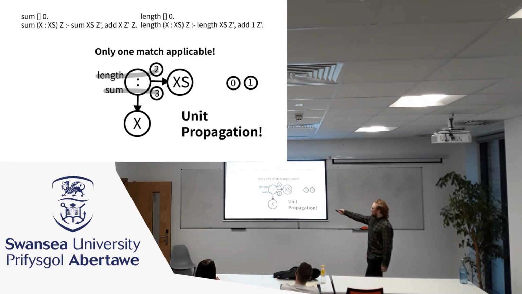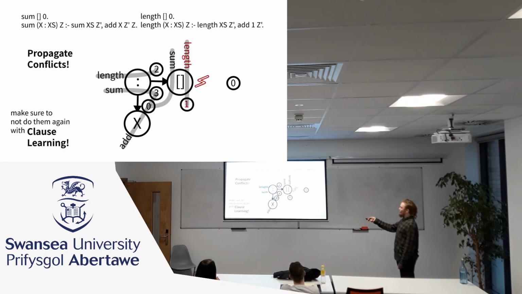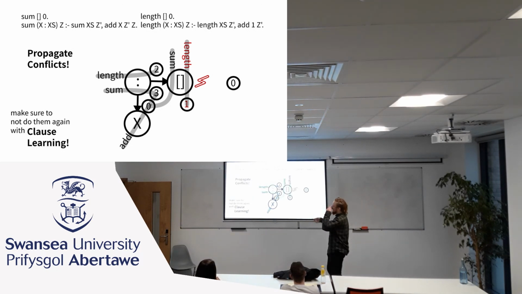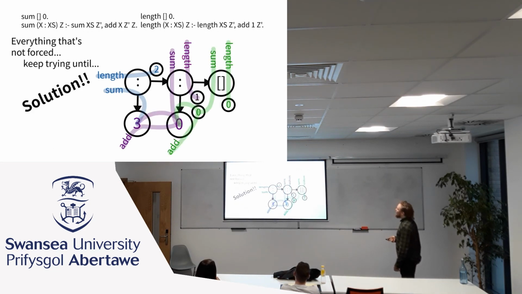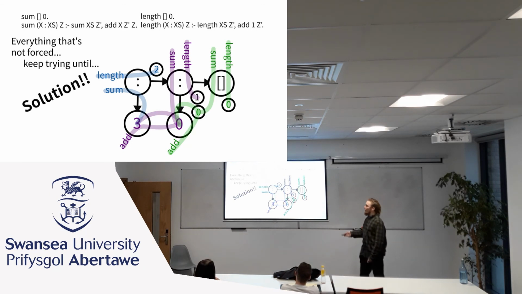We had an algorithm that says, first of all, we have the unit propagation, so if there's only one value to put in here, we actually put it there. When we have conflicts, we add clauses that prevent this conflict from happening again, and do the unit propagation again. If we choose in the right way, we eventually find a solution where all constraints are happy with what they wanted to achieve.